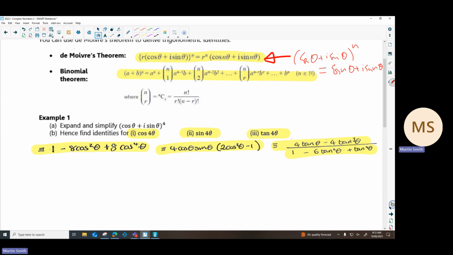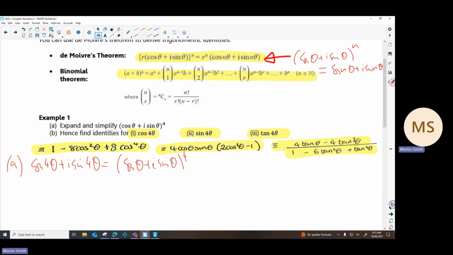So if I write that down in the case where n is equal to 4, I know that cos of 4 theta plus i sine of 4 theta is equal to (cos theta plus i sine theta) in brackets to the power of 4. So that's De Moivre's theorem in the case where n is equal to 4 and making r equal to 1. Okay, so that's what you do.